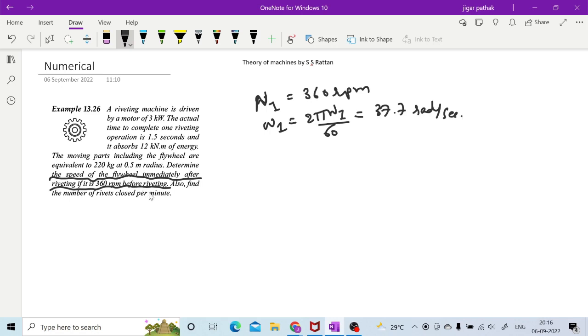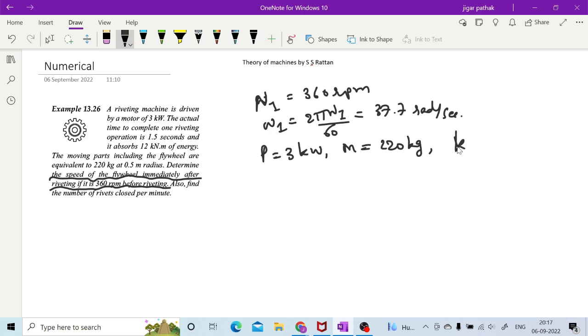Now what else are you provided? You are provided this 3 kilowatt of power, then the mass of 220 kg, then the radius of gyration, small k, again provided as 0.5 meter, right?